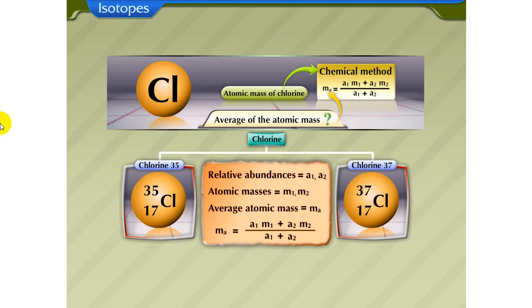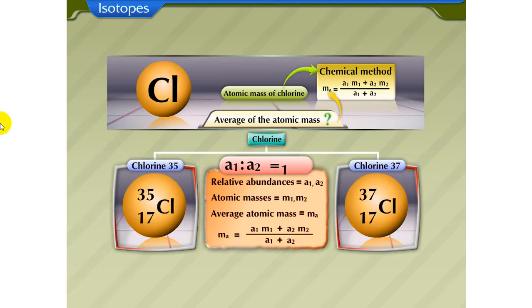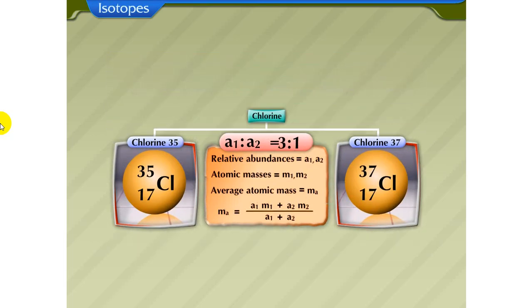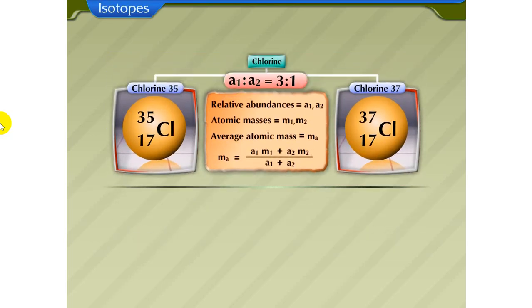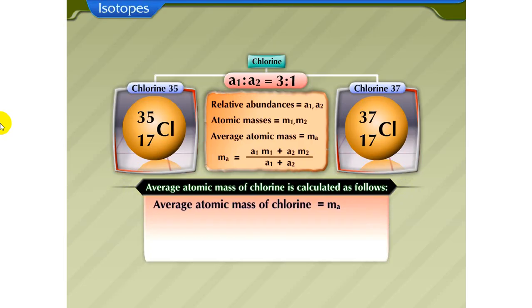We have already discussed that chlorine has 2 isotopes, chlorine 35 and chlorine 37, with the relative abundances in the ratio of 3:1. The average atomic mass of chlorine is calculated as follows.